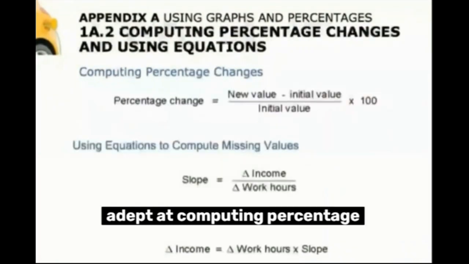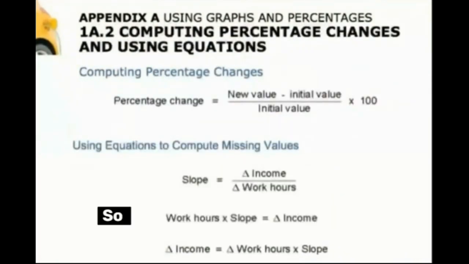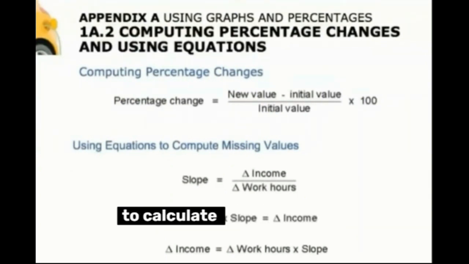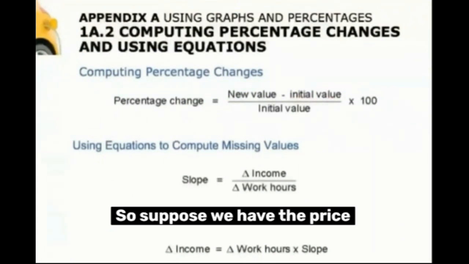And finally, we want to be very adept at computing percentage changes. So when we look at two variables, or one variable and two values of that variable, if we want to calculate the percentage change, we need to look at the new value of a variable minus its initial value. An example we might look at is the price of a good or a service.